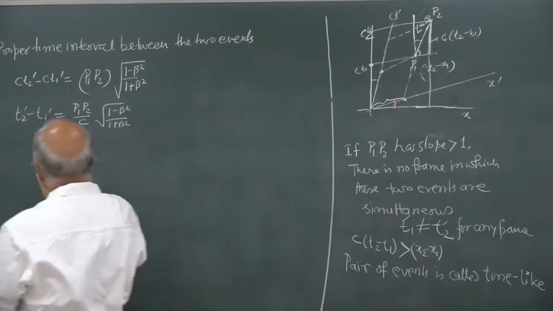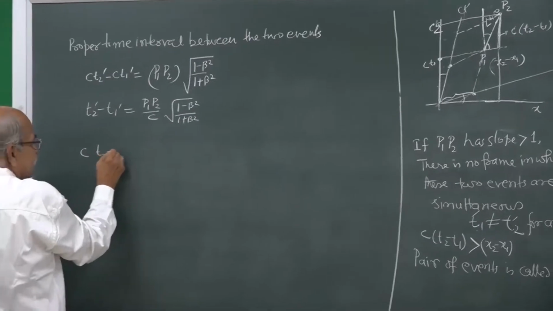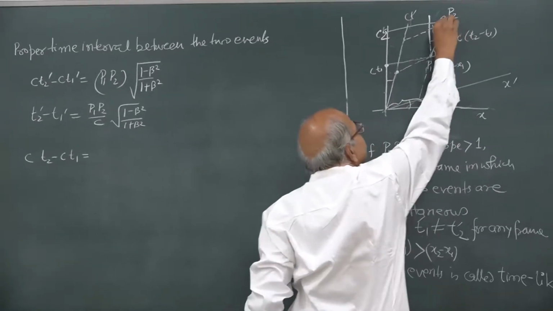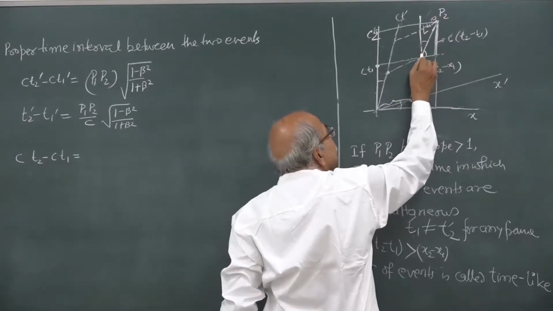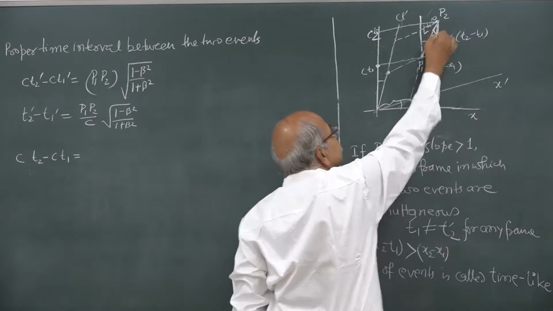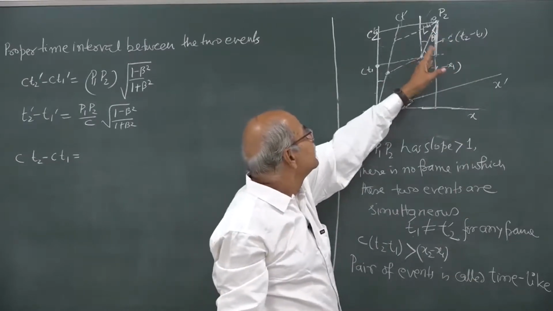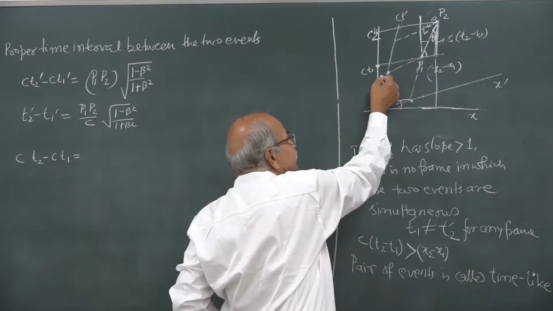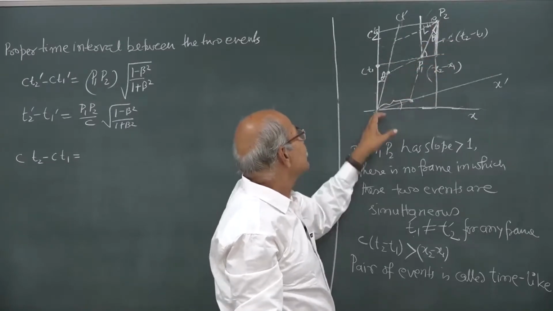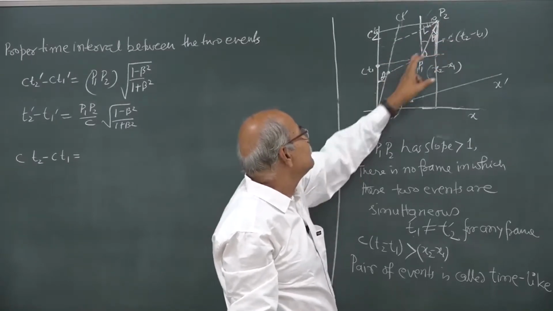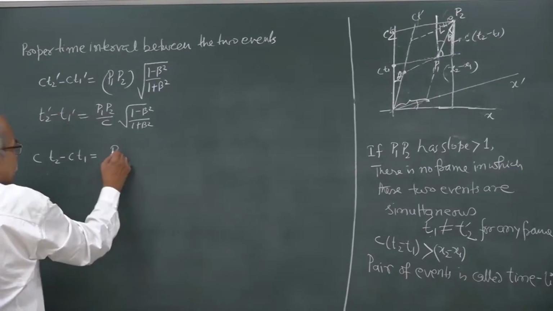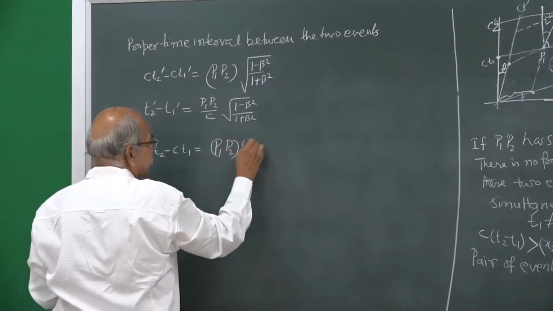So, C times T2 minus C times T1 is equal to this length here, and this length is P1 P2 into cos theta. This angle is theta here, and it is the same angle, because this line is parallel to this line. So you have that same theta here, and it is cos theta.